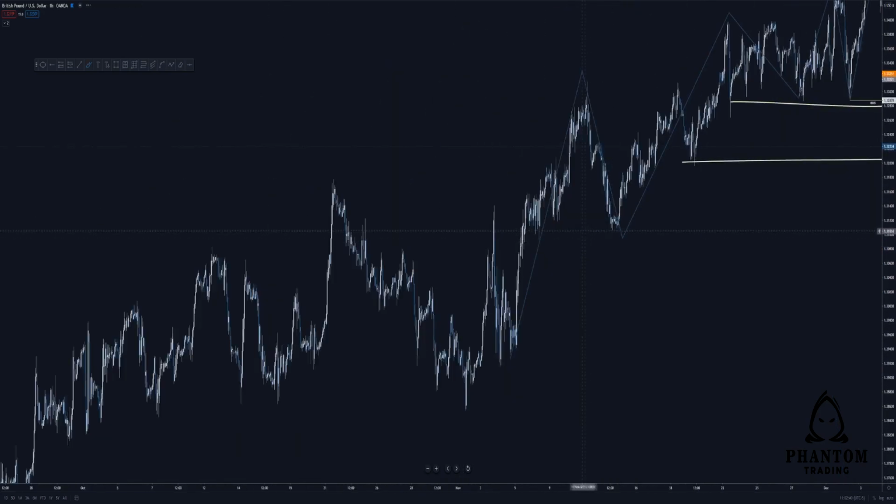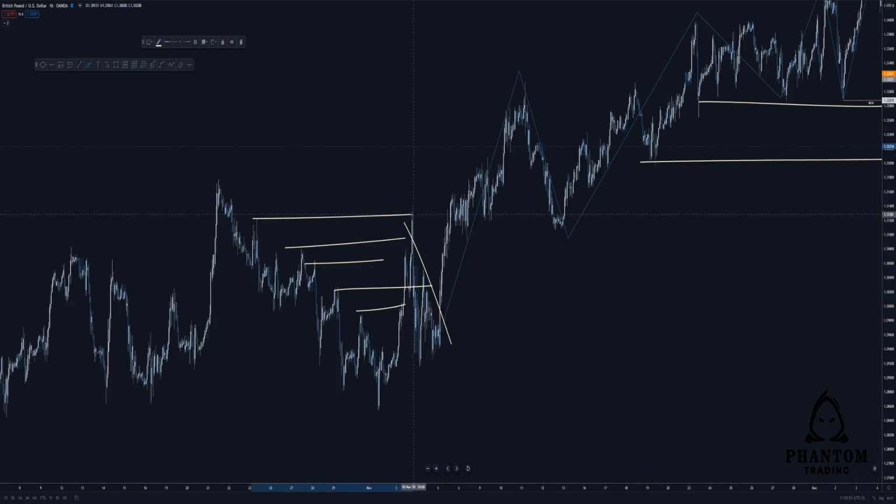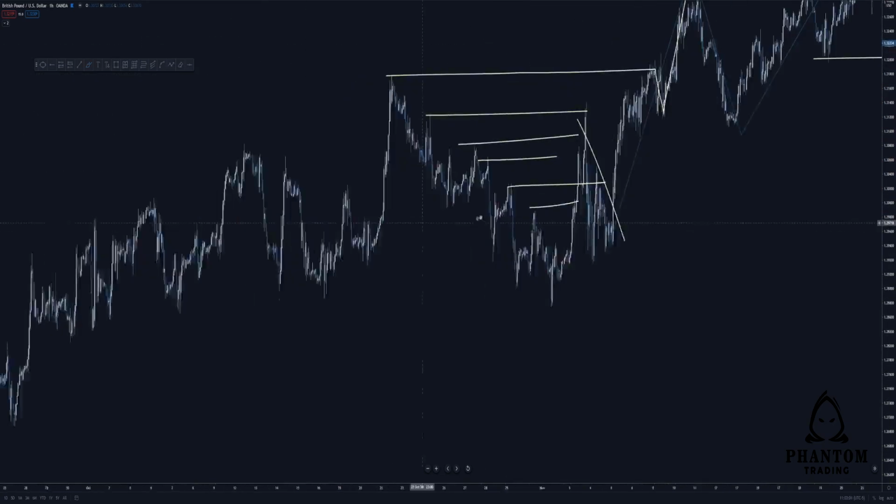Let's see if there's any other examples. Right, we can see here, price broke all these levels pretty hard and then retraced. But ultimately this was the one. We can see here as well, it broke this level and retraced before continuing up, fulfilling our expectation, right?